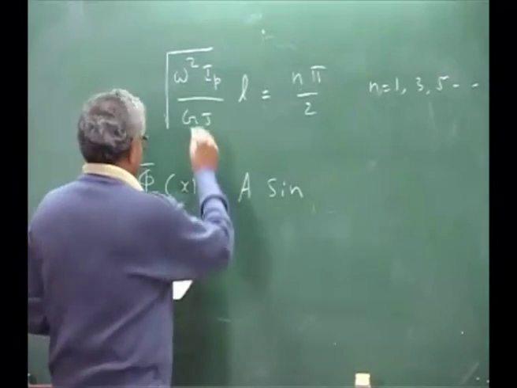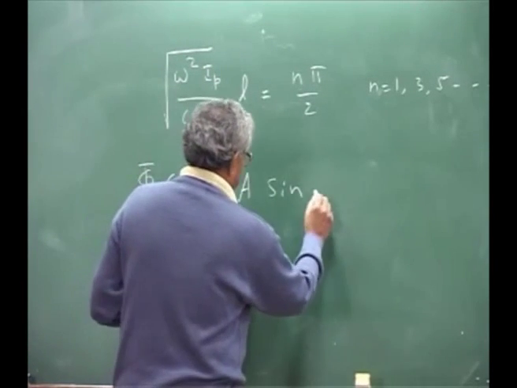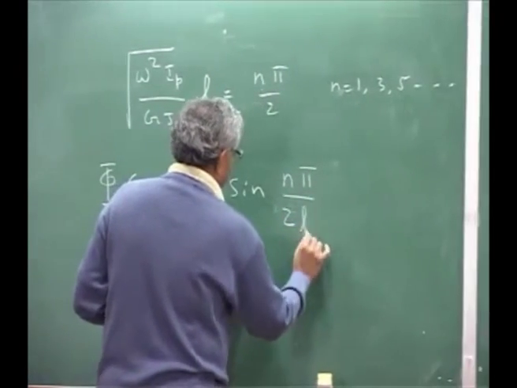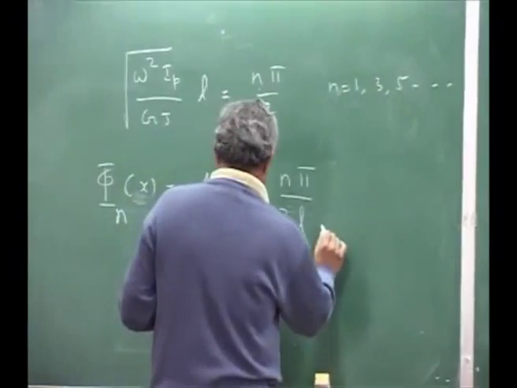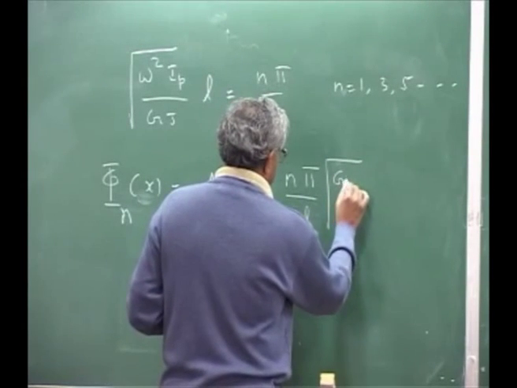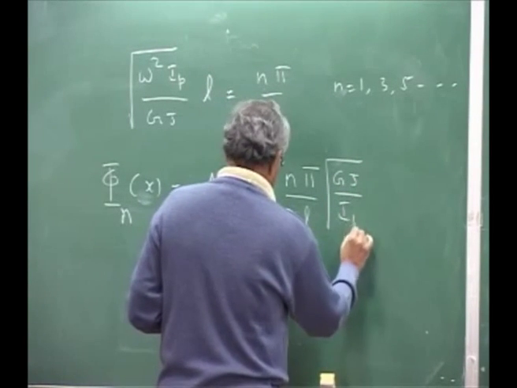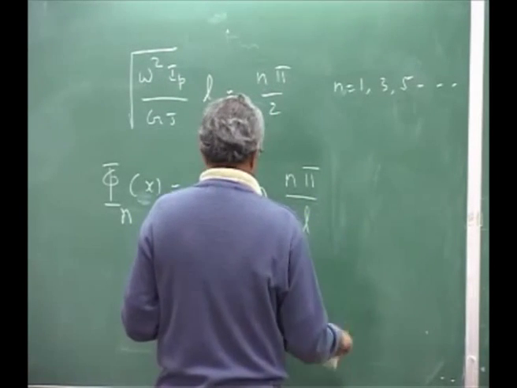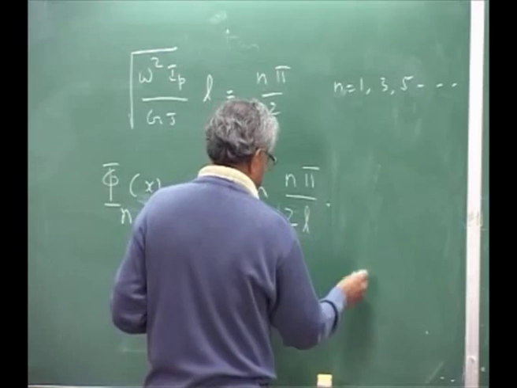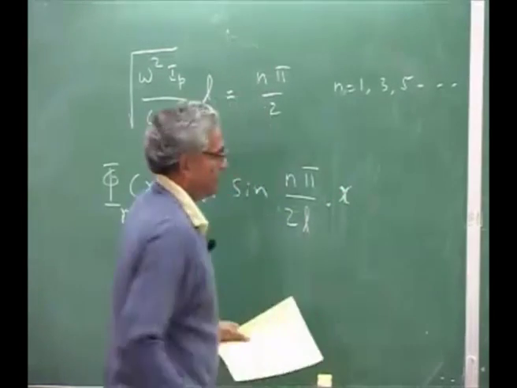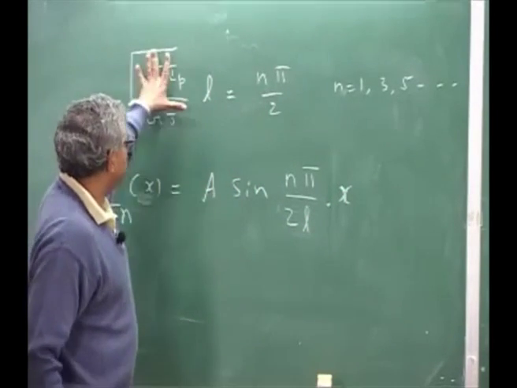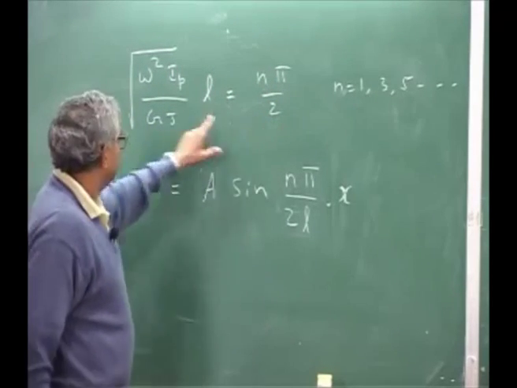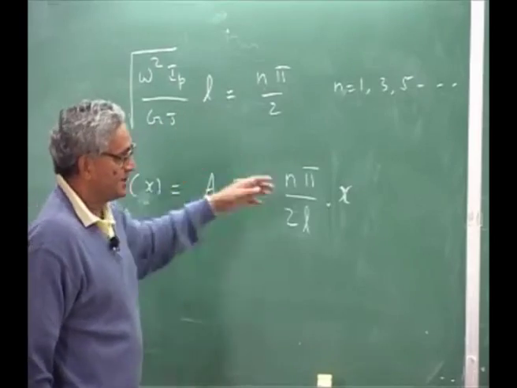So I am going to put this as nπ/2L into x, because this entire term with L you bring in, that is square root of ω² Ip by GJ.